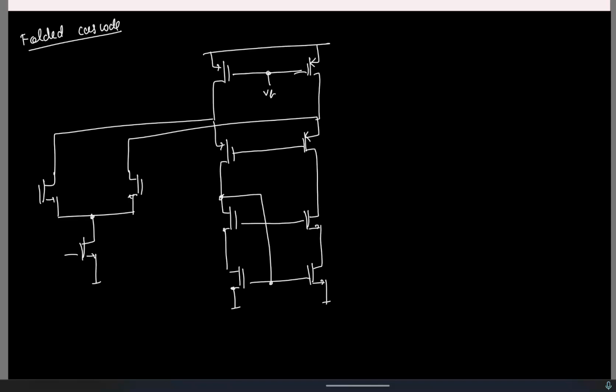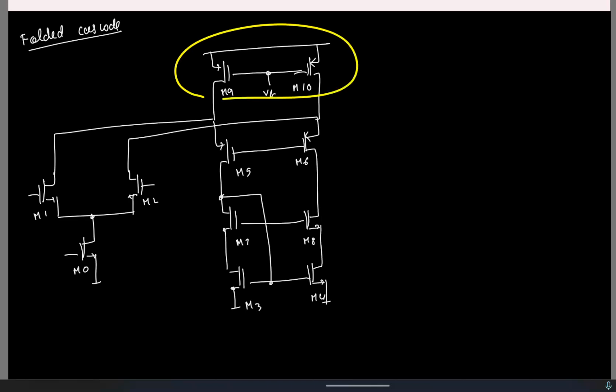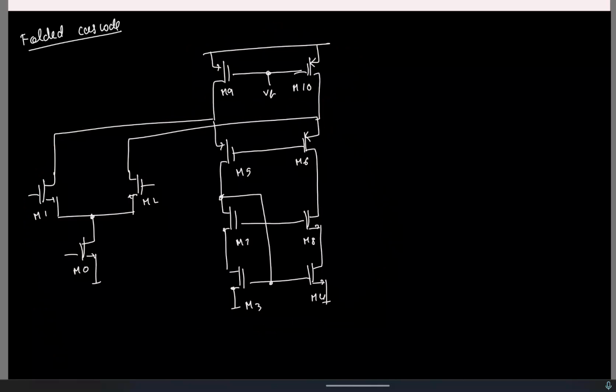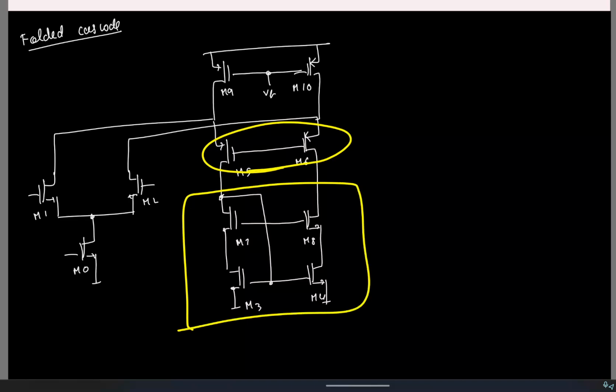So we'll label it the same way so that there is no confusion. M3, M4. So compared to the telescopic Cascode, we have basically 2 additional transistors here. That's all. Otherwise, it is very similar, right? 8 transistors as before. Just that in the telescopic Cascode, these were NMOS and these were PMOS. Here it's just dual of it.